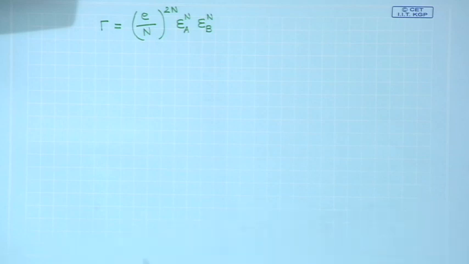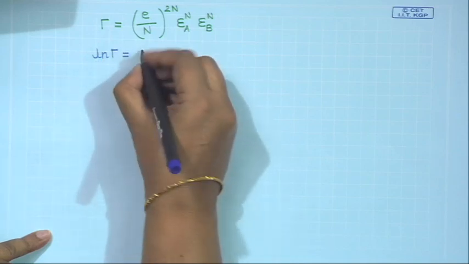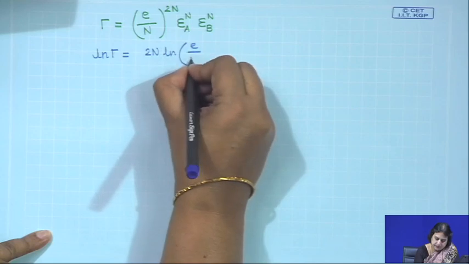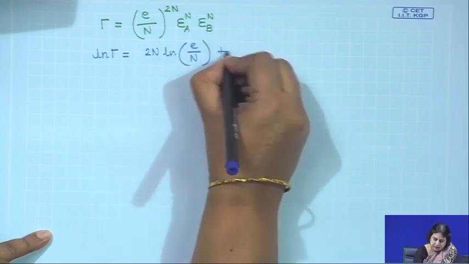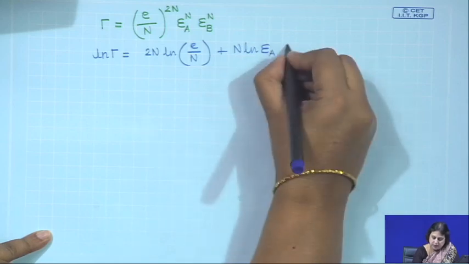I am going to take a natural logarithm on both sides. That gives me this simple expression that all of you must be able to get if you try it out on paper.